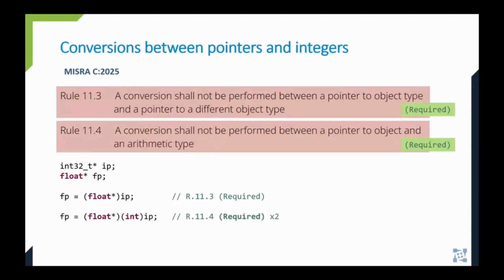But the second one results now in two violations of a required rule, as the category of rule 11.4 has been amended to required. At the same time, the rule has been modified to include an exception case, but we will get back to it in a moment.